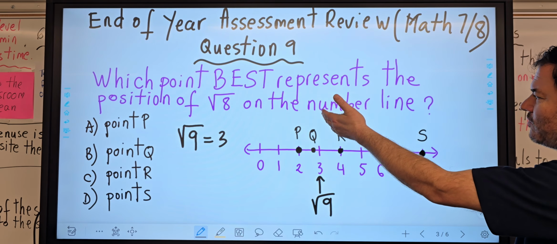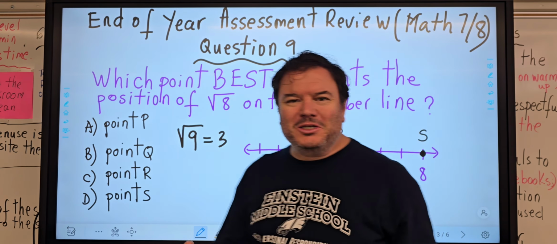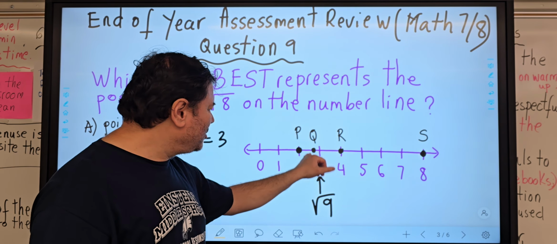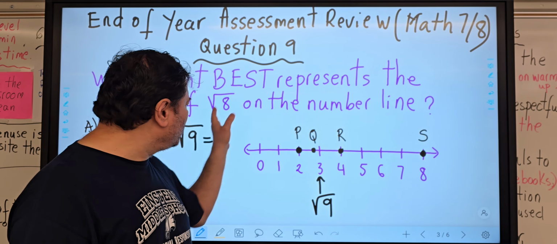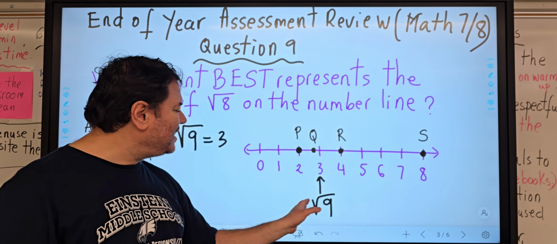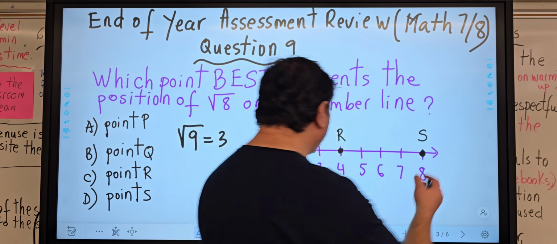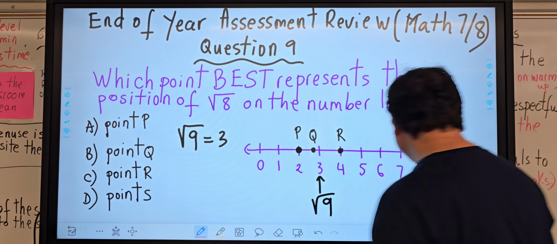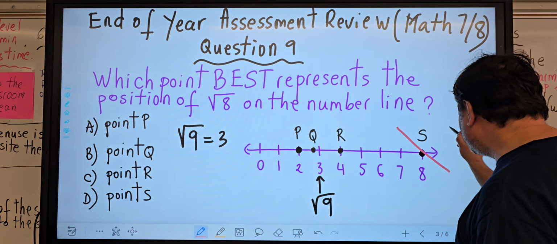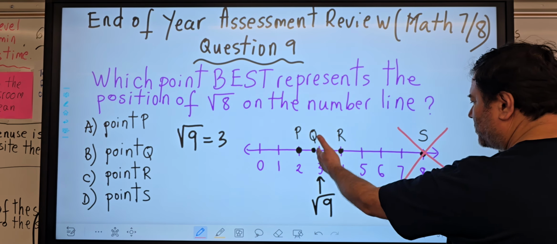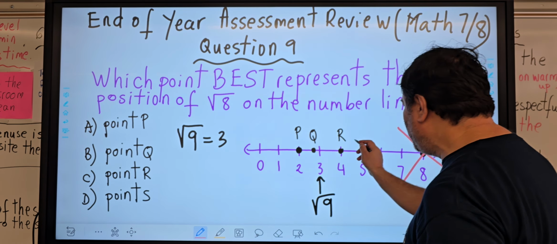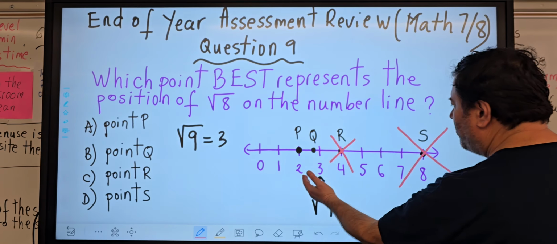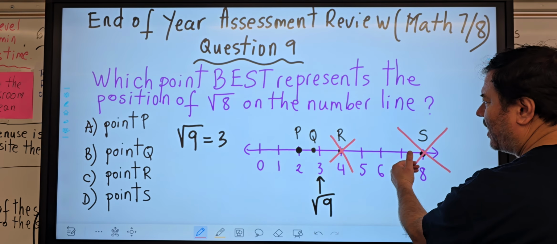Now, square root of 8, don't you think is going to be close to 3? Because square root of 8 is actually a little bit less than square root of 9. And if we look at these points, S cannot be the answer because S is farther away from square root of 9. R cannot be the answer because it's more than square root of 9.